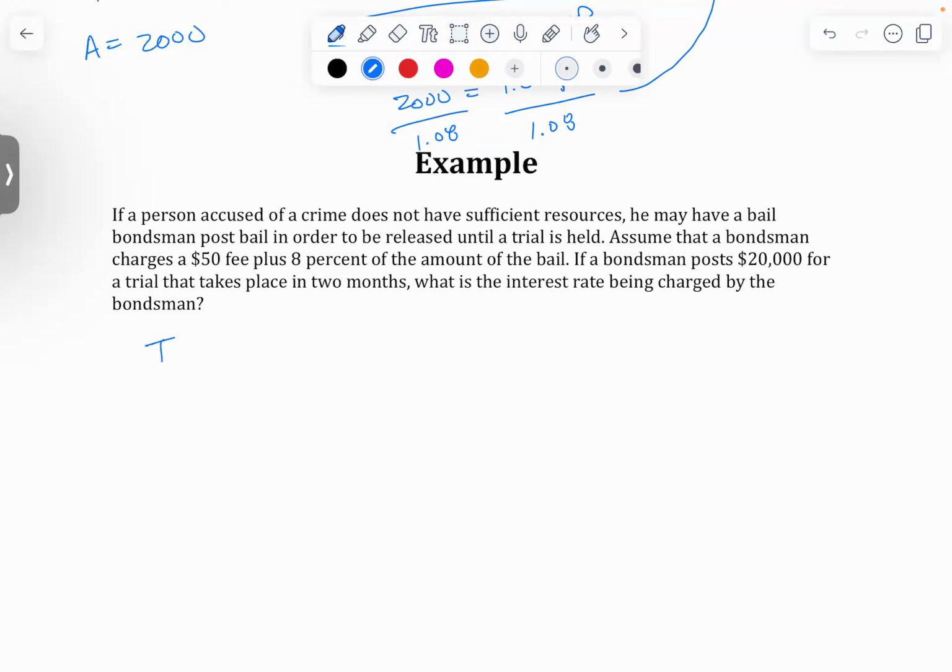So, all right, let's start I equals PRT. Now, most of the time, simple interest is explicitly stated. Okay, $20,000 bond, interest rate of 8%, and 2 months. That means, again, 2/12 years.